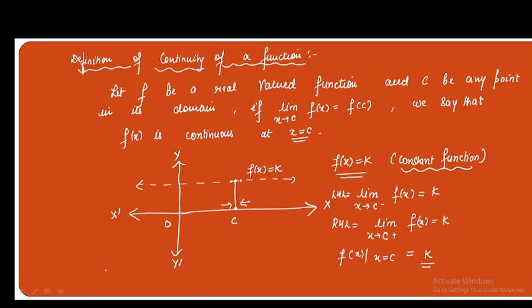So we can conclude that since LHL is equal to RHL is equal to f(C), therefore f is a continuous function at x equal to C.